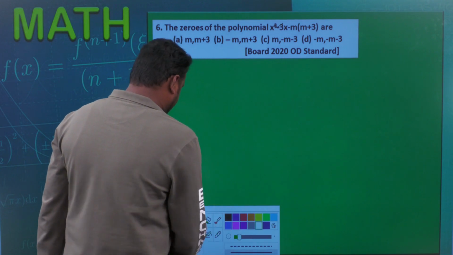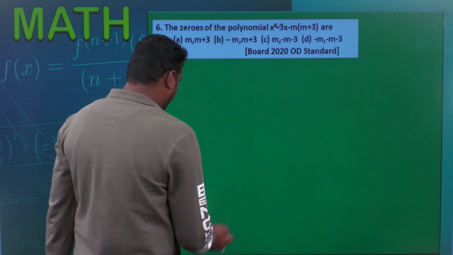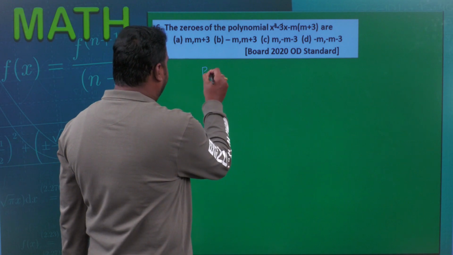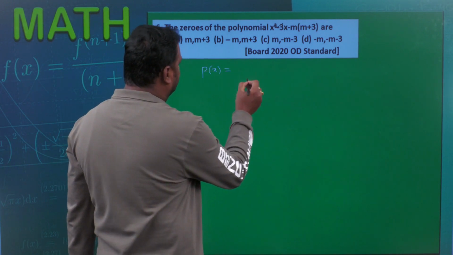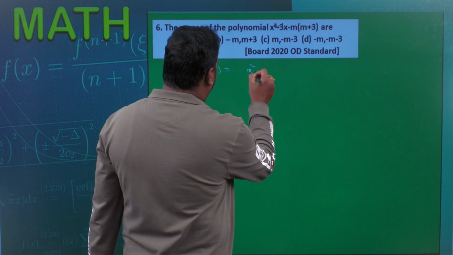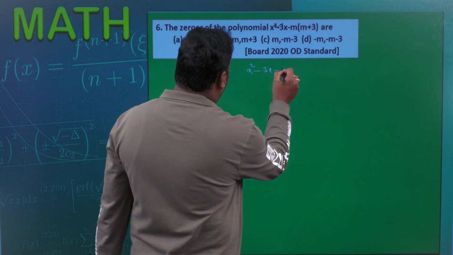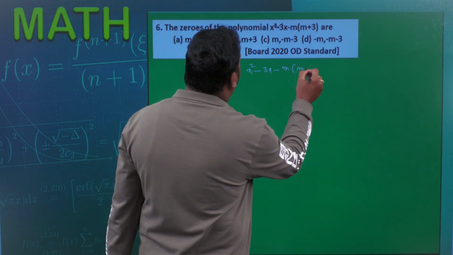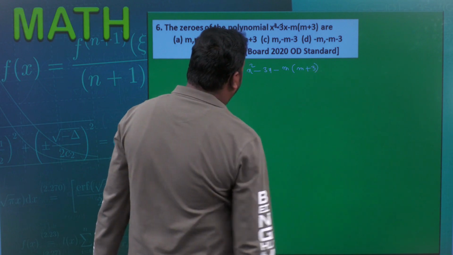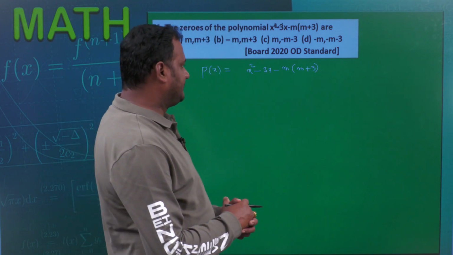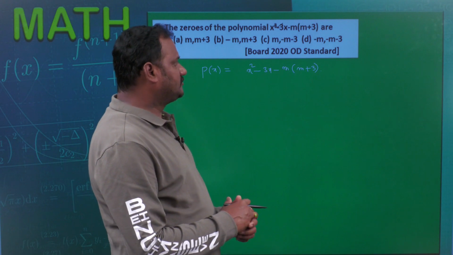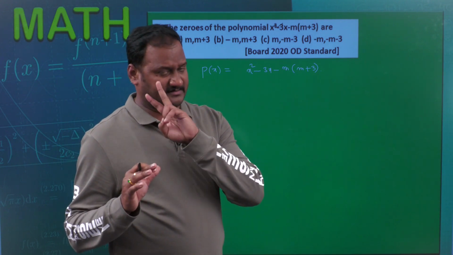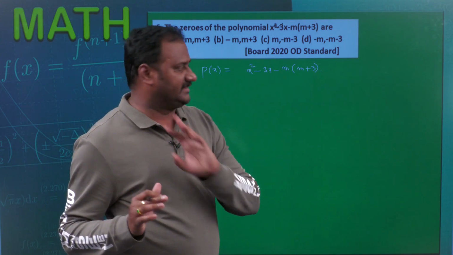What is the given polynomial? I am taking it as p of x, which is equal to x square minus 3x minus m into m plus 3. In order to find zeros of the polynomial, I would like to go with one important method.